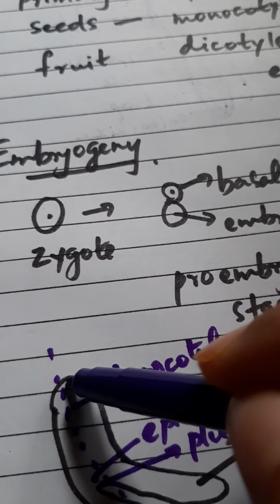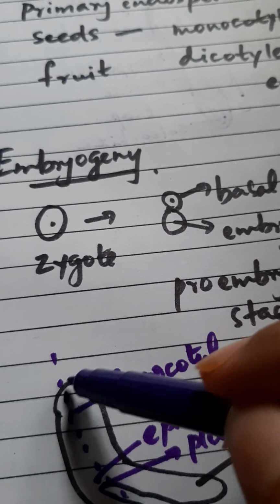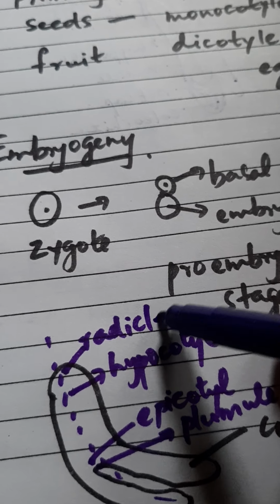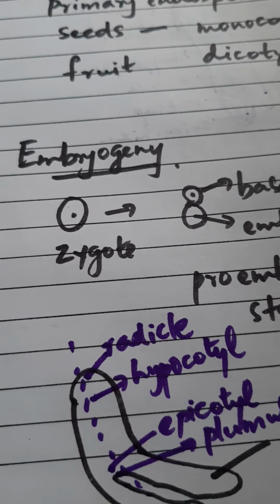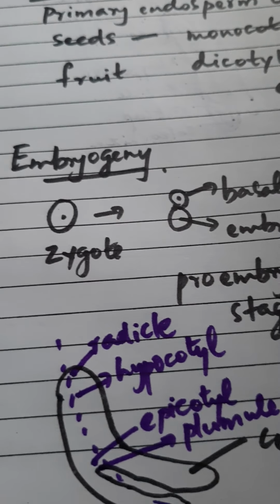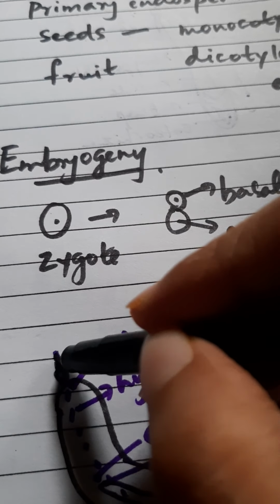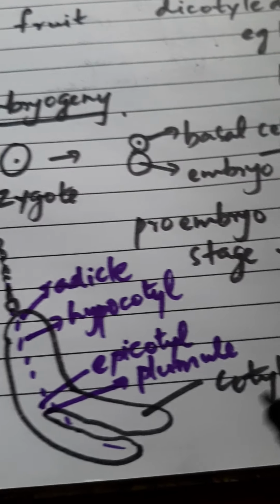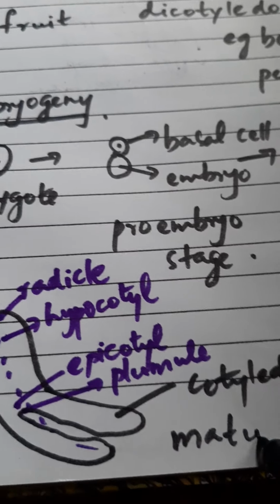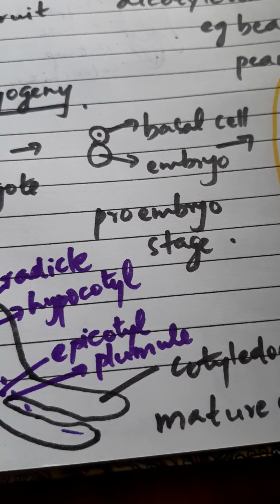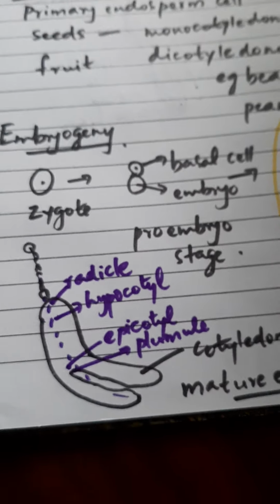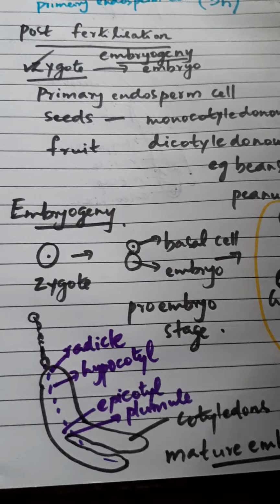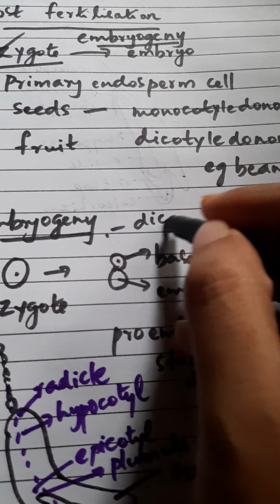So behind the hypocotyl will terminate below as the radicle, and the radicle develops to form the root of the plant. And the suspensor cell will gradually diminish and they will vanish. So this stage of the embryo is called mature embryo stage. So these are the stages in embryo development of a dicot plant.